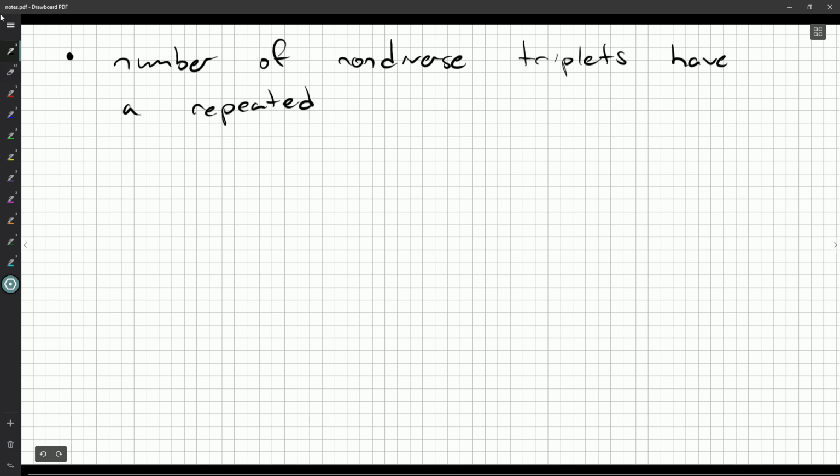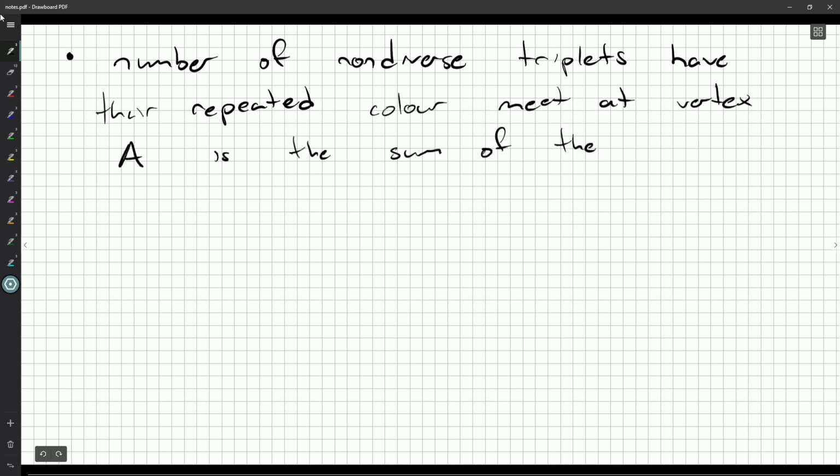So the number of non-diverse triplets having their repeated color meet at vertex A, for example, is the sum of B choose 2, G choose 2, and R choose 2.